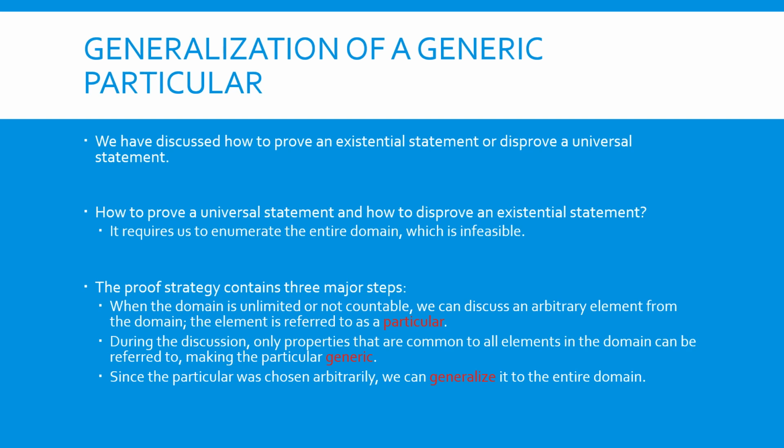In this case, we say that the selected particular is a generic particular, as it only has properties that are generic to all elements in the domain. Finally, after discussion on the generic particular c, we will generalize the conclusion to the entire domain. We can do this because all properties we have used during the discussion are generic for all elements in the domain.